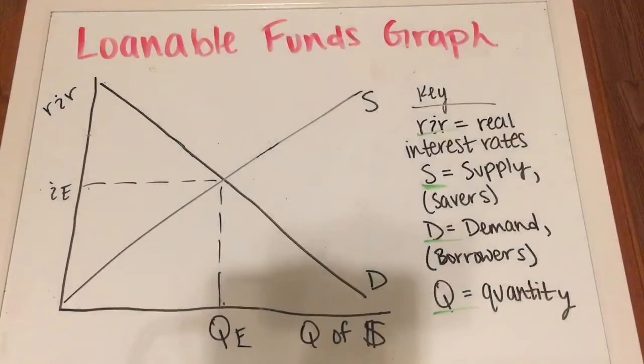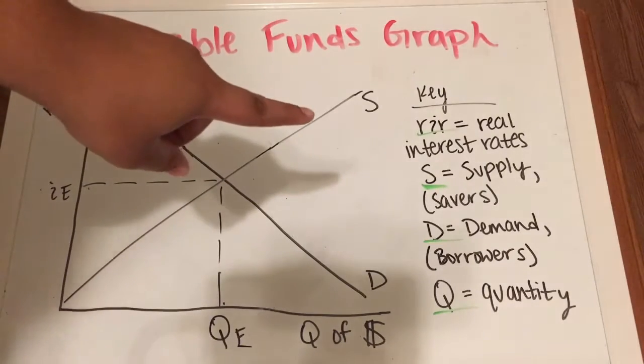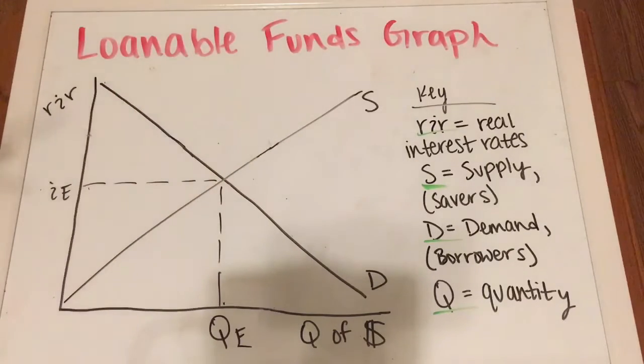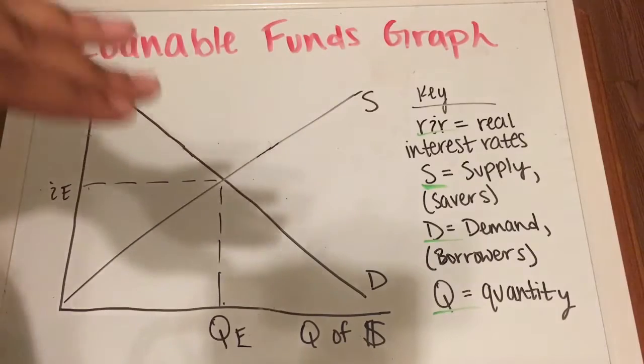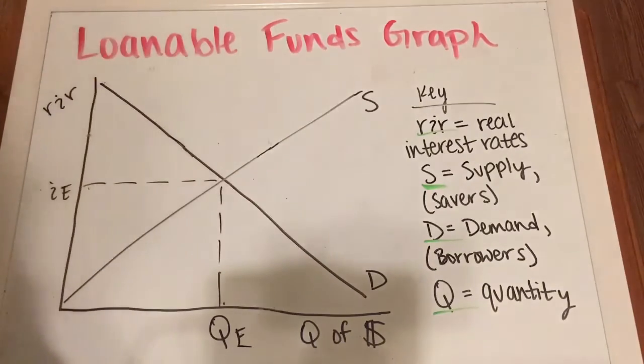Okay, so this is the loanable funds graph. We will later be talking about how crowding out is shown on this graph and how crowding out relates to the loanable funds graph. Okay, so now I'm going to explain the symbols on the graph. The first thing right here, RIR, is real interest rates. The S over here is supply, but for this graph, it really means savers. And D, down here, is demand, but for this graph, it means borrowers.